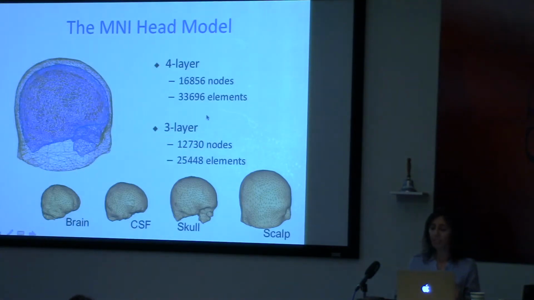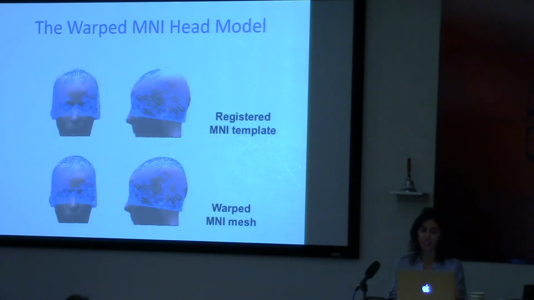And then we solved the inverse problem using different head models, like MNI template head models, 4 layers and 3 layers, and warped MNI head models, because if we have the electrode locations, we also have the possibility to warp a template head model to the electrode locations.